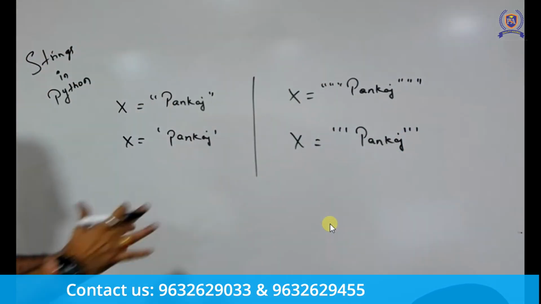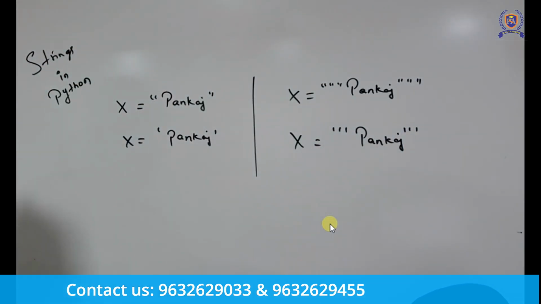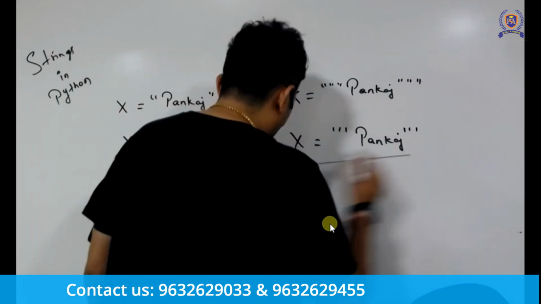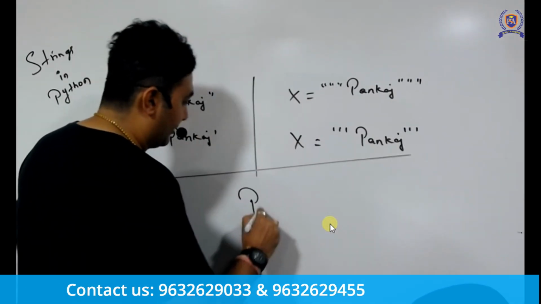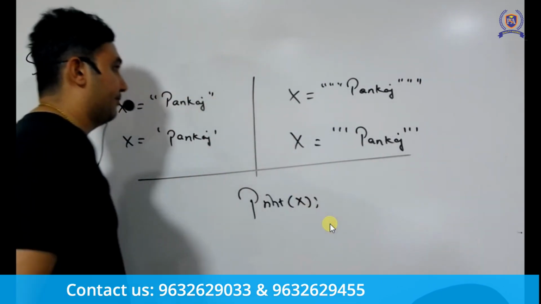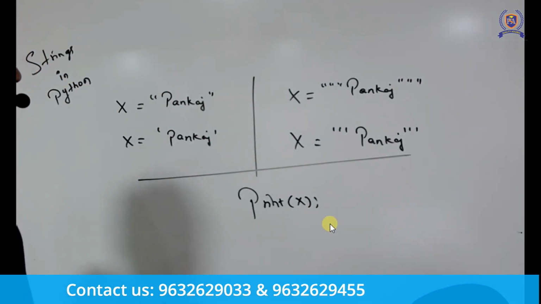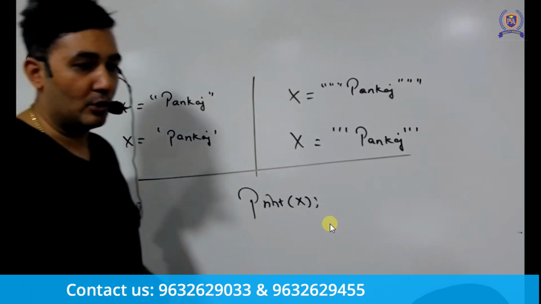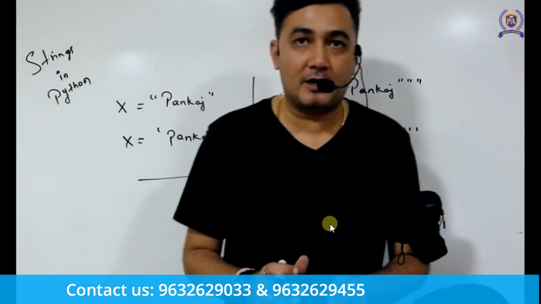So these are all the different ways we can declare a string in Python, and for all these statements to print, we would just write X. But then there are a lot of other things we would explore in this lecture.